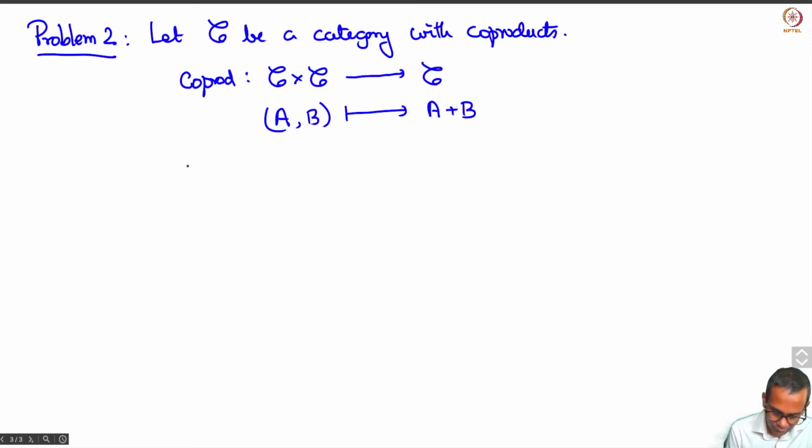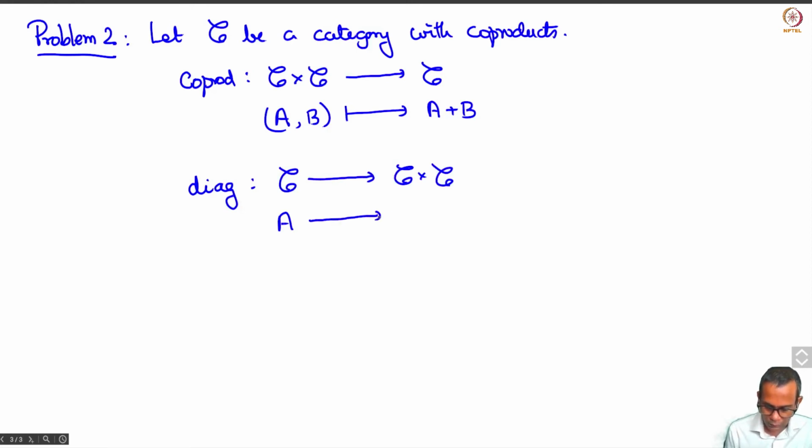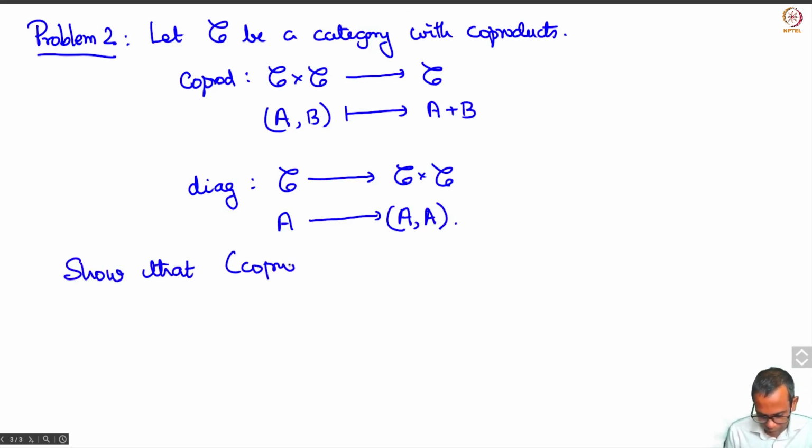If you have a pair of arrows in C, it will define arrows on the coproducts. And then we have a functor called diag from C to C cross C. And this is the functor which takes any object A to the pair A comma A. And the problem is, show that coprod comma diag form an adjoint pair.